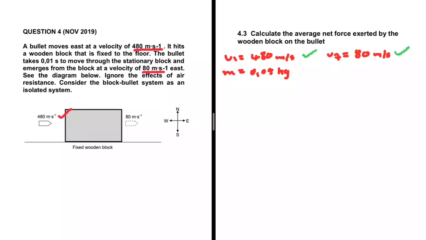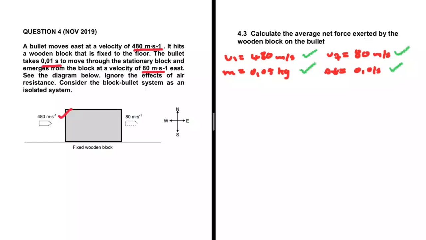It takes 0.01 seconds. Here it is on our question statement. So delta t is equal to 0.01 seconds. This is the information we have. We want to calculate the average net force exerted by the wooden block on the bullet.